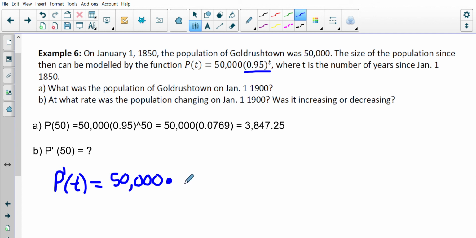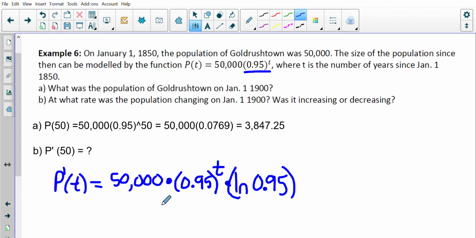It is an exponential function, so I have my 0.95^t times the ln of 0.95, and then times the derivative of our exponent, which is just 1. So I can put this ln 0.95 in brackets.